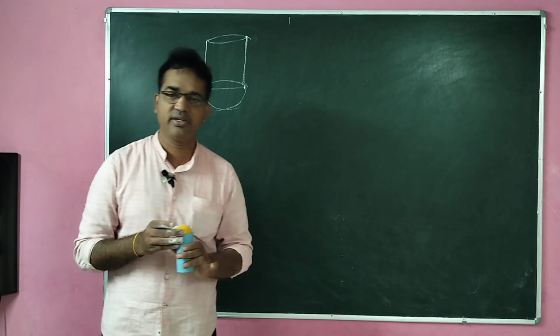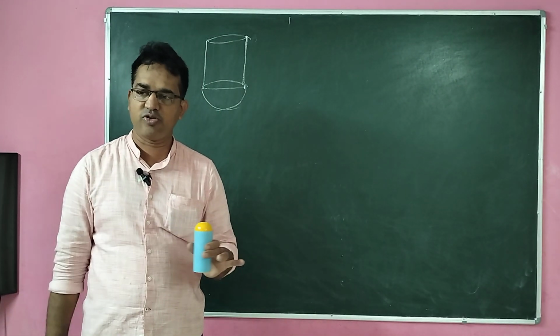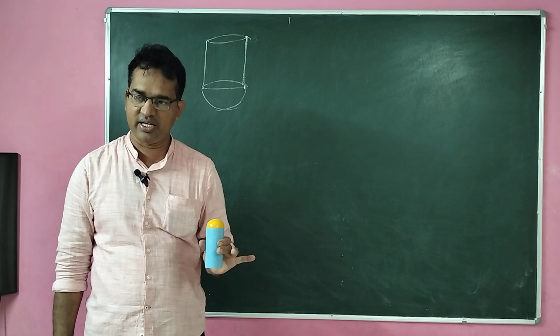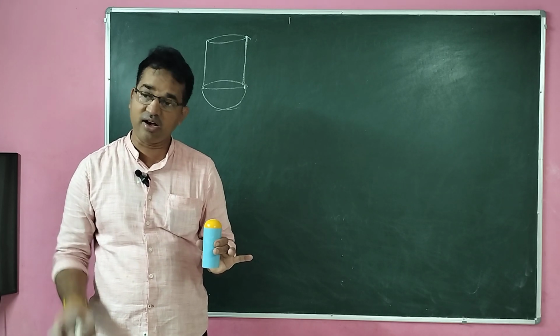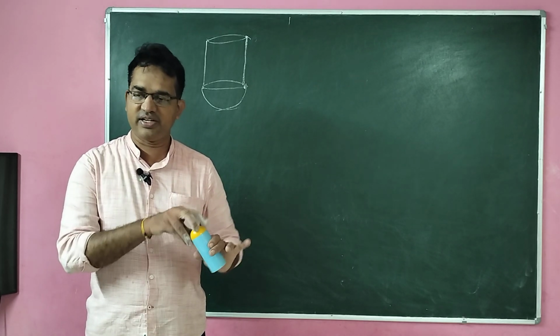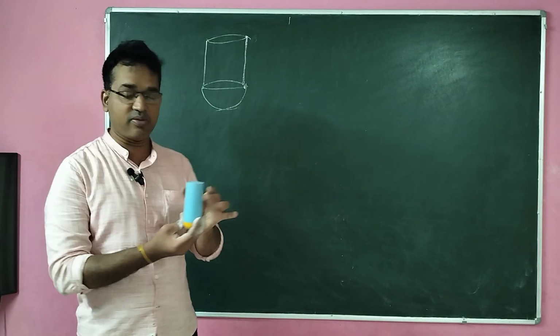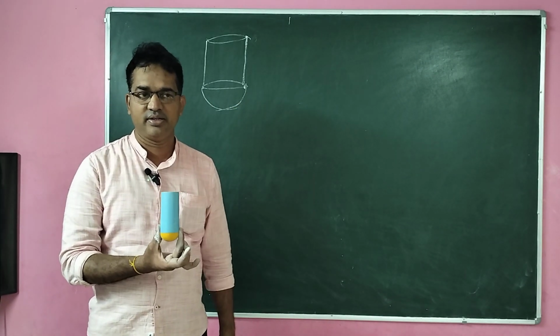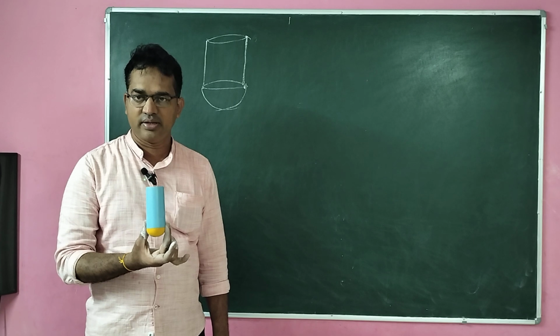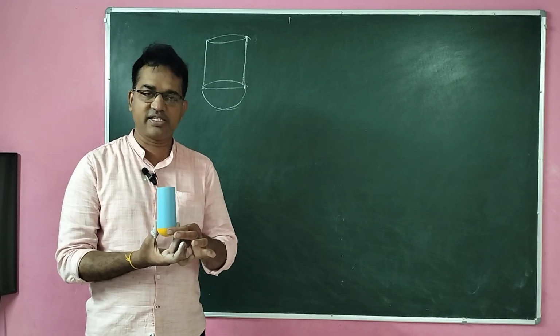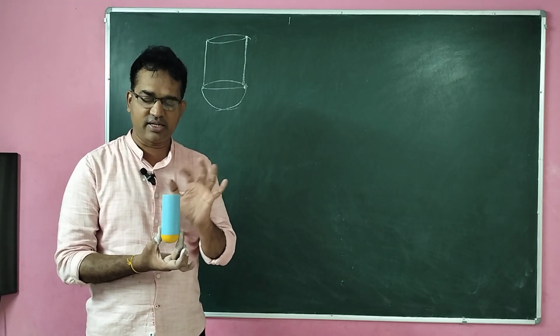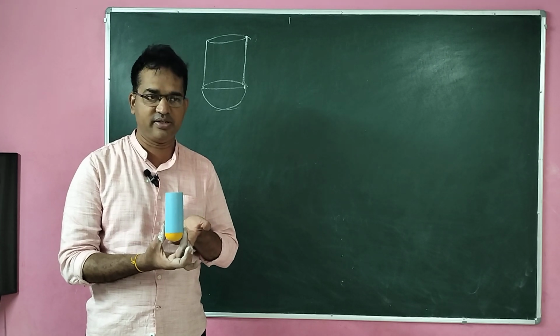Now you tell me. Cylinder is surmounted by hemisphere, or hemisphere is surmounted on cylinder. If it is reversed, according to this problem, very good: hemisphere is surmounted by cylinder, or cylinder is surmounted on hemisphere.